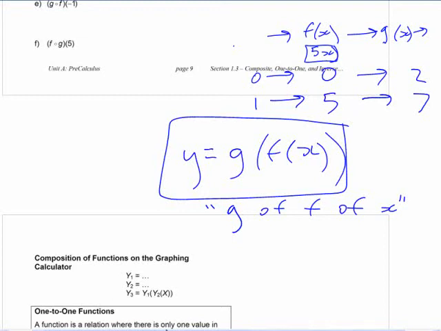We're probably going to end up talking about inside and outside functions. F is the inside function. Not that that's a technical or proper term, but inside function because it's applied first.